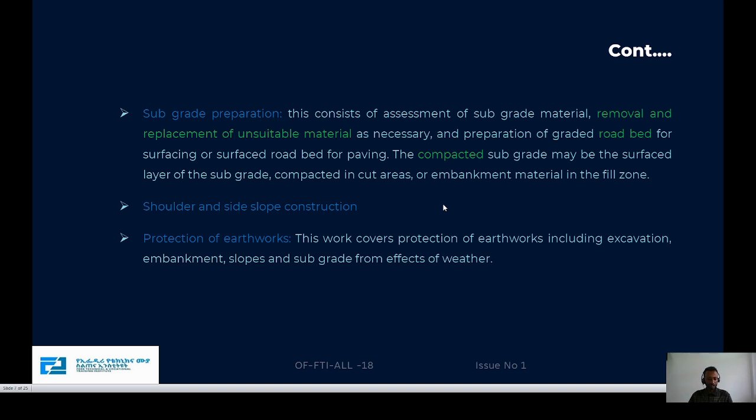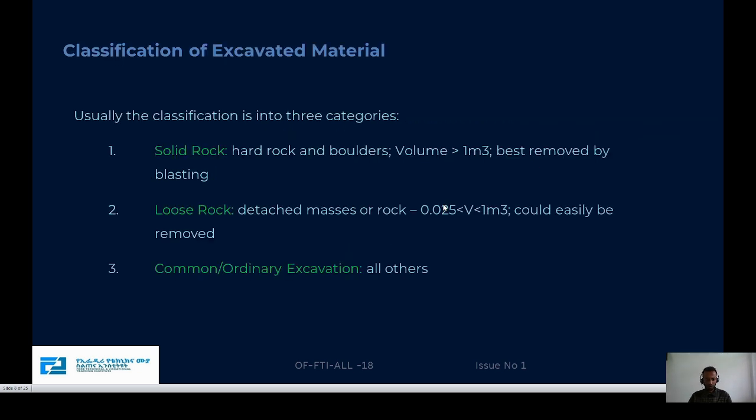There is also shoulder and side slope construction, and the protection of earthwork. Lastly, we have work related to protection against weathering and protection from waters. Next is the classification of excavated material.